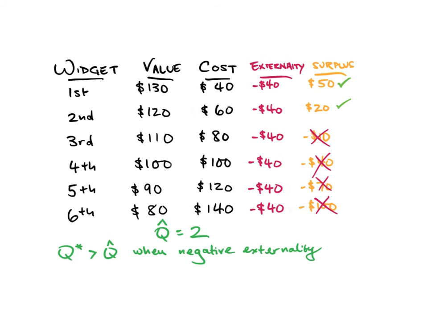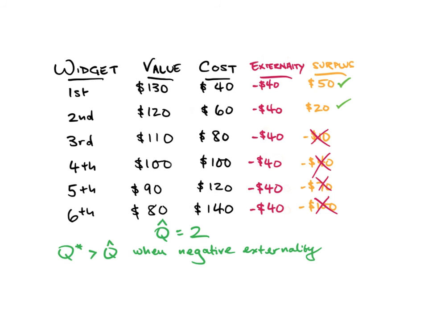But in the market, nothing's changed. If this is a free market, all that matters are the values to consumers and the cost to producers. We have the same demand curve generated by those values, same supply curve generated by these costs. And if we let the market do things, the market will still have an equilibrium price of $100, where 4 widgets are produced.